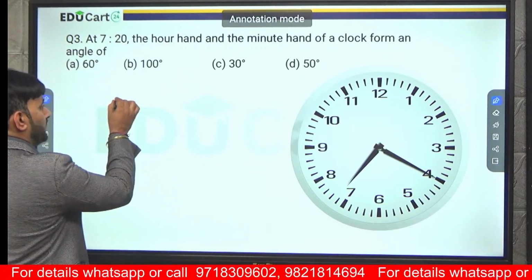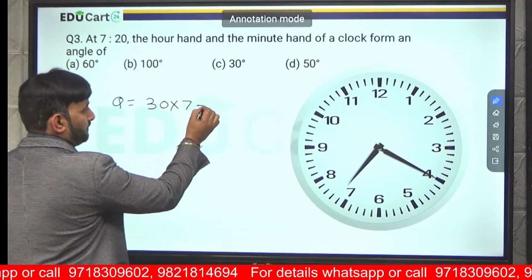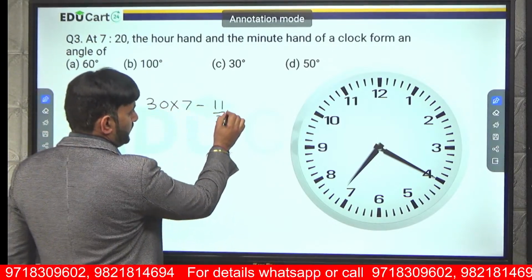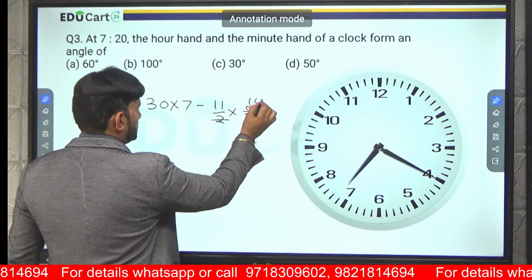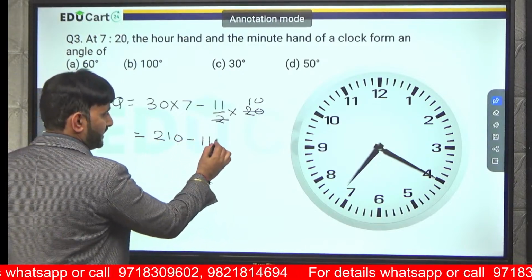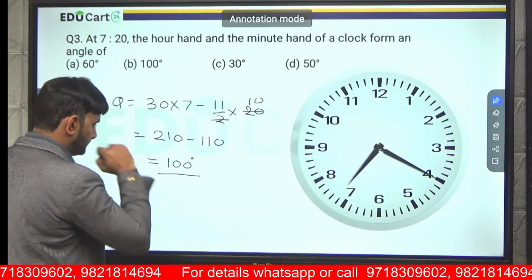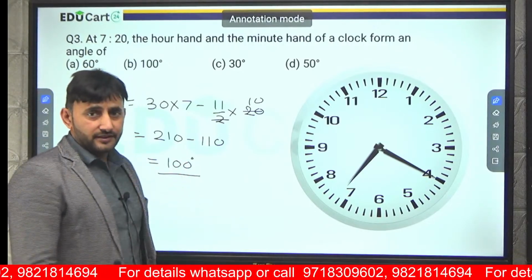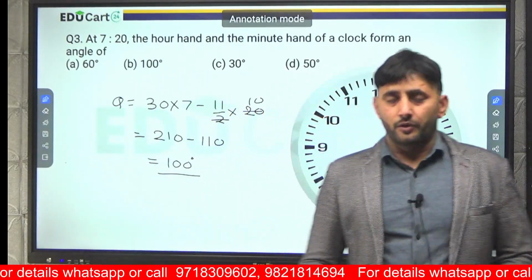So theta we have to find, that is equal to 30h minus 11 by 2 into m. The value of m is 20 here. So this is 210 minus 110. So the answer will be 100 degree. My dear students, please let me know, is it clear?